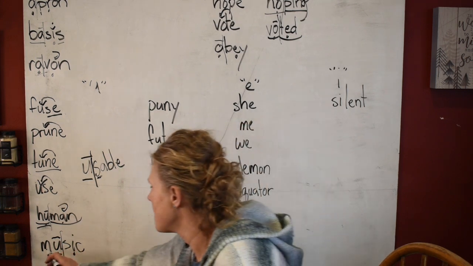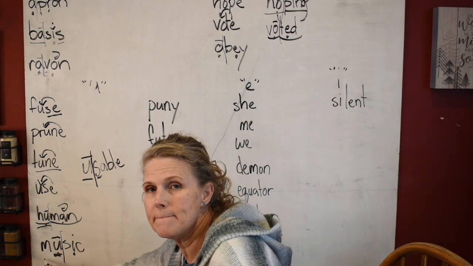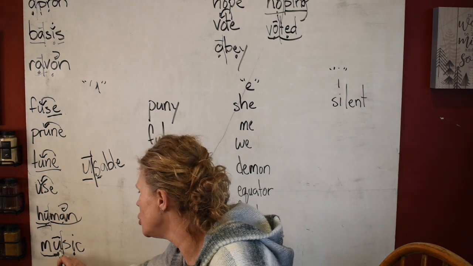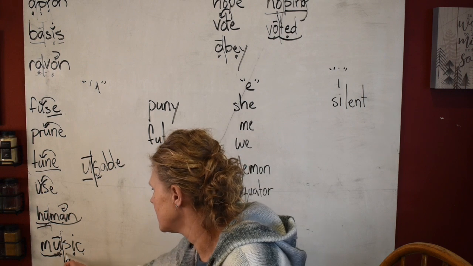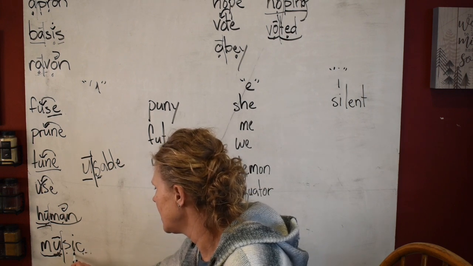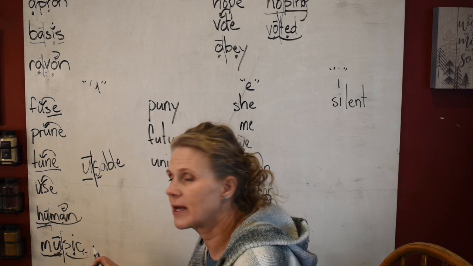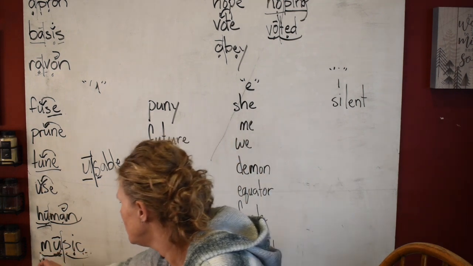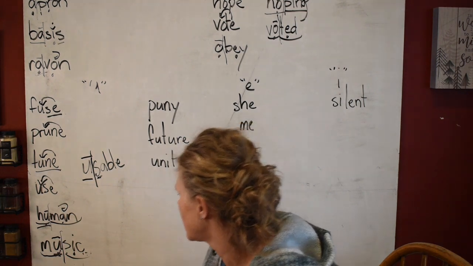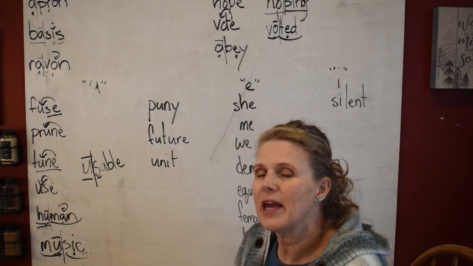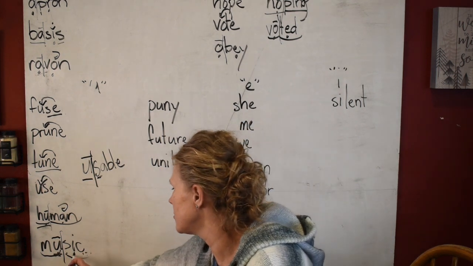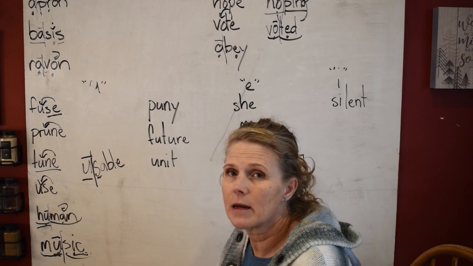So we're going to say you, mew, and then this is a closed syllable, so it's going to say sick, music. You know, a fun trick. When you hear ick at the end of a multi-syllable word, this is how you spell it: I-C.